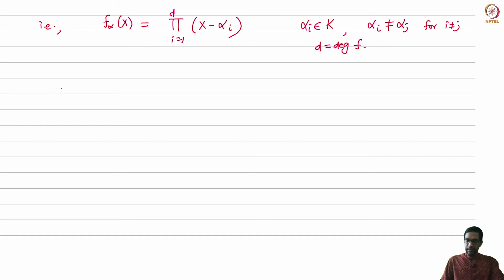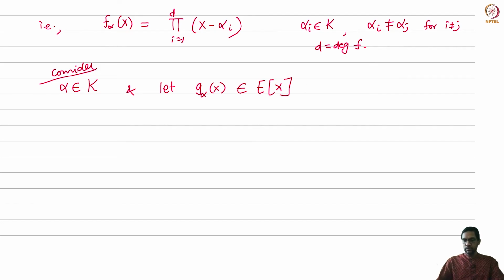So now take the same element alpha that we are looking at in K. I want to think of K as an extension of E, so I need to now look at the minimal polynomial. Let g_alpha of X belonging to E[X] now be its minimal polynomial over E, meaning it is the unique smallest degree polynomial with coefficients in E that has alpha as a root.